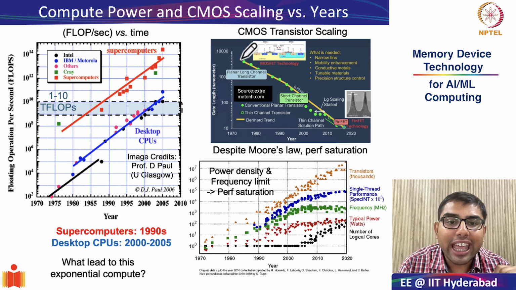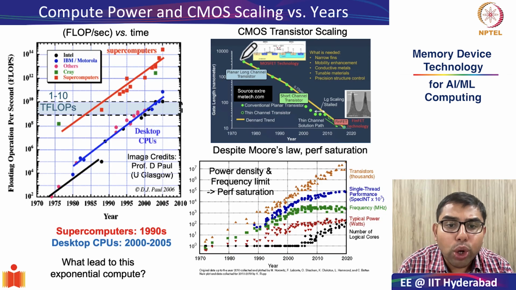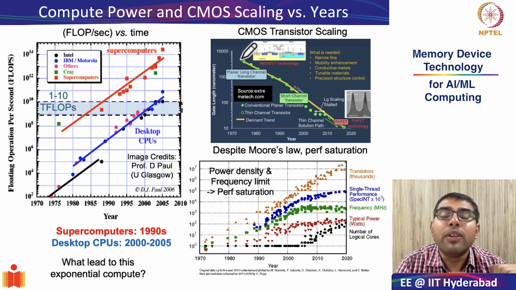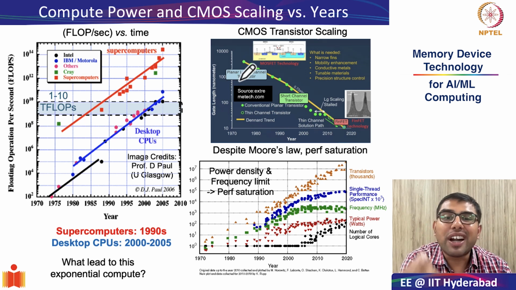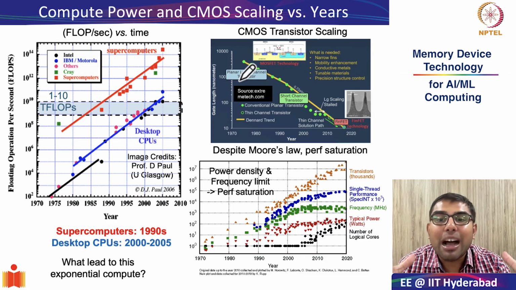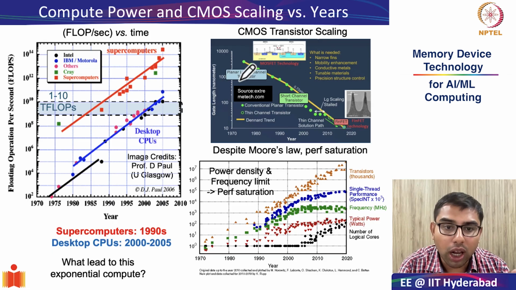And as you are able to cram more transistors into the same area, the amount of computational power that can be done by a particular chip or a particular die also increases exponentially. This is because the fundamental unit of computation, which is transistors, were becoming smaller and smaller, not just smaller, exponentially smaller. And this is what led to Moore's law.